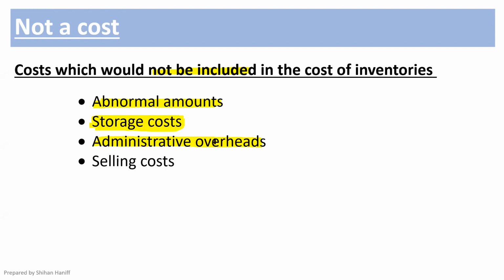So these expenses, these costs, we have to take to the income statement. And selling cost, selling and distribution cost. So these costs we don't consider in the inventory cost. Okay. Abnormal amount, storage cost, administrative overheads, and selling cost.